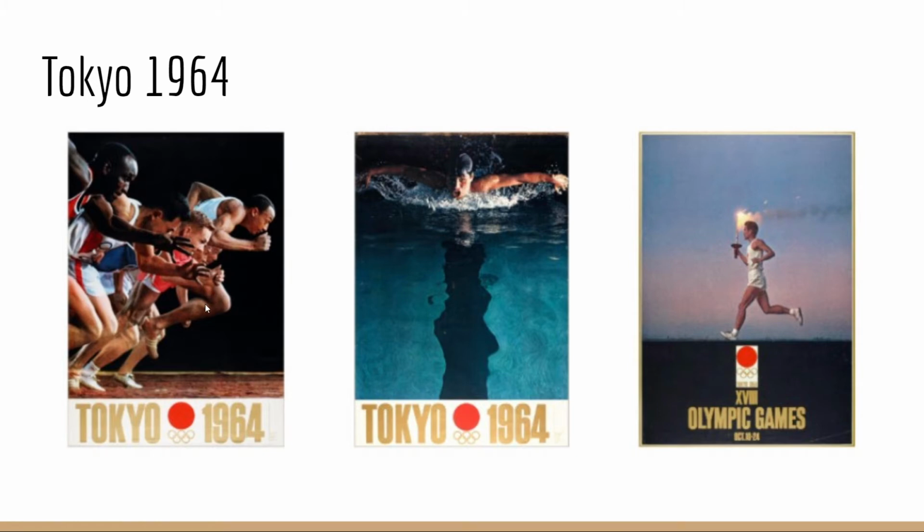This can also inspire you to put some ideas. These are sprinters sprinting out of the line, a swimmer doing butterfly style, and finally a torchbearer carrying the Olympic torch to start the games. So these are lovely posters.